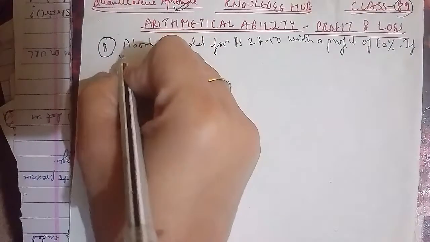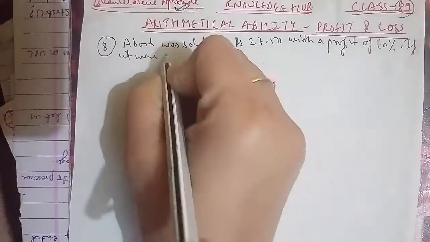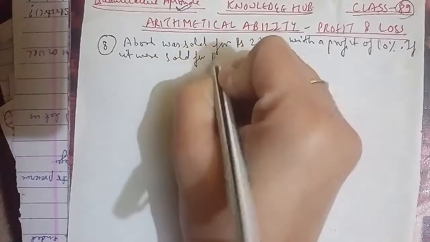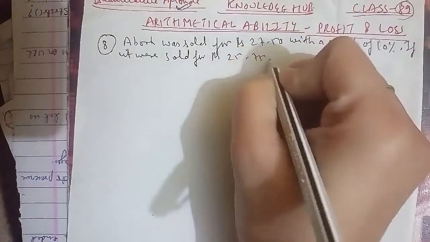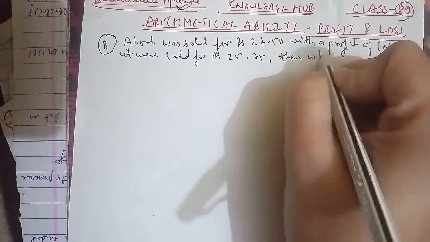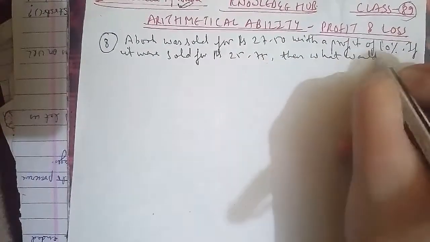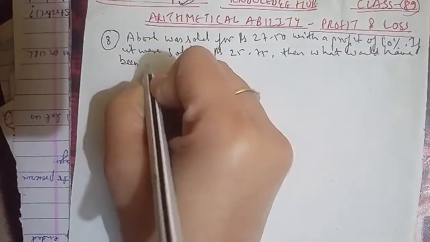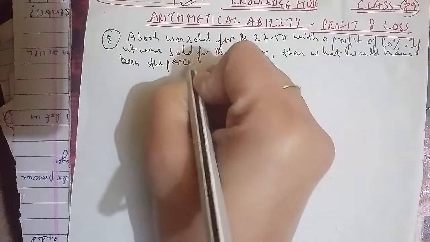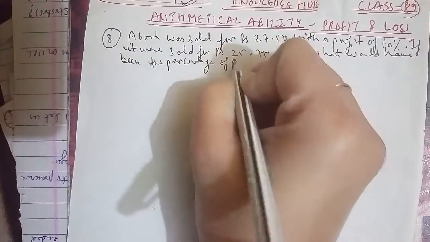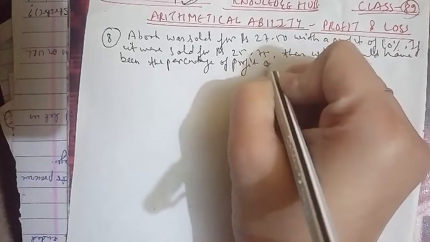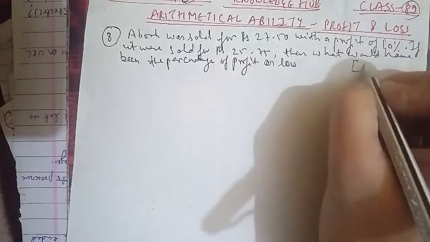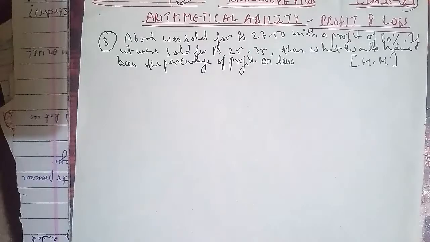If it were sold for rupees 25.75, then what would have been the percentage of profit or loss? That has been asked in a hotel management question paper. We go ahead for the same.